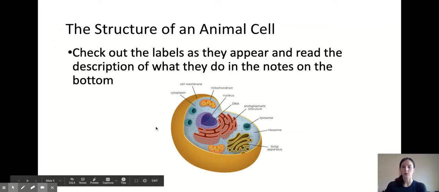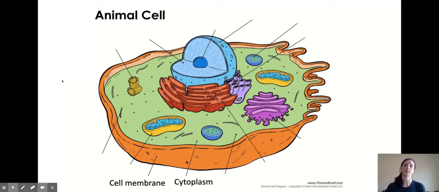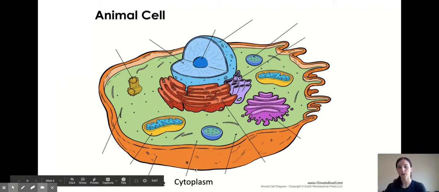So we're labeling an animal cell here. That's what we're going through. What we've done is taken a cell and essentially cut it in half and taken the top off just so that we can see what's inside of it. So normally the cell membrane would go all the way around here.